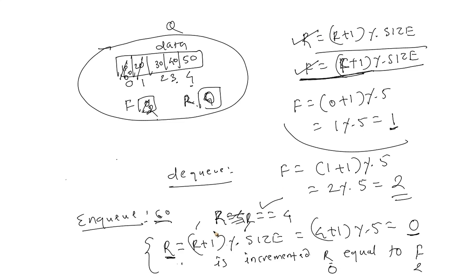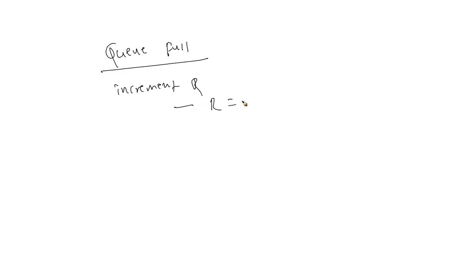So what is the queue full condition? I'll write it. First, increment R by using the formula R equal to R plus 1 mod size.